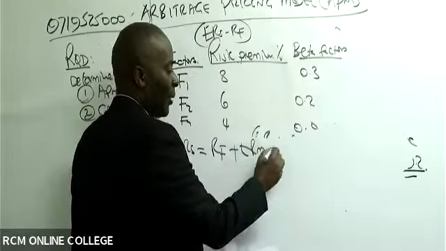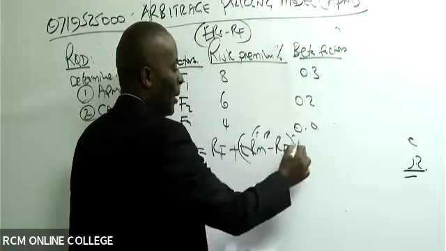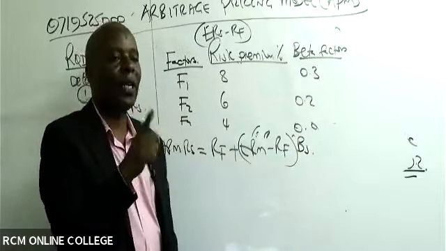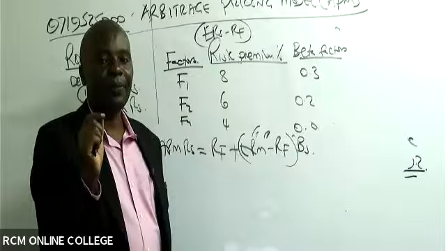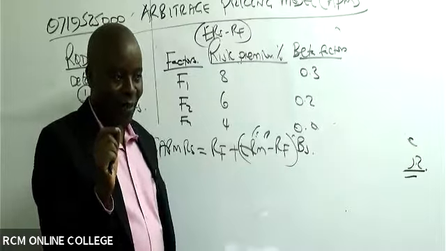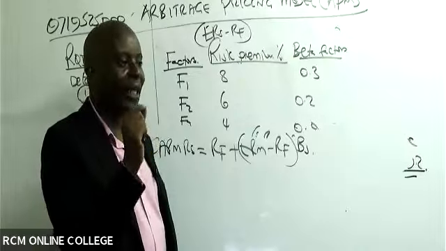So ERM minus risk-free multiplied by what? Beta. So among these factors, is there any factor which is market-based? Factor 3.